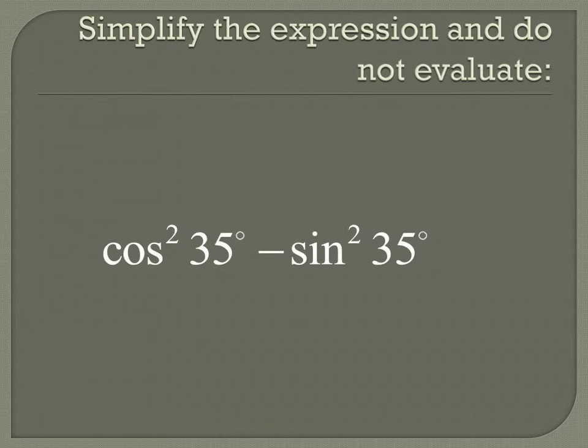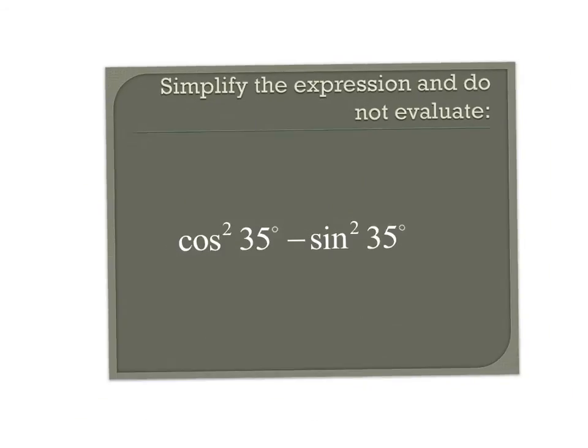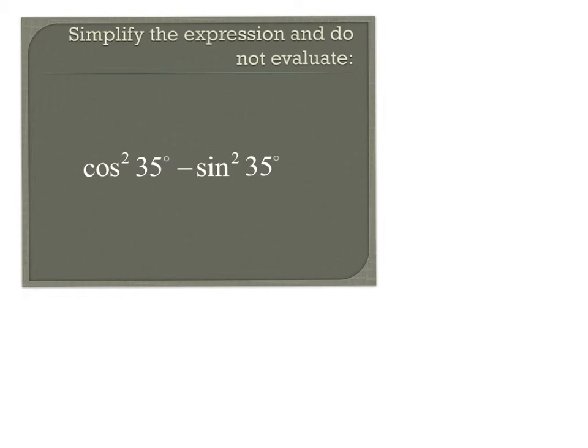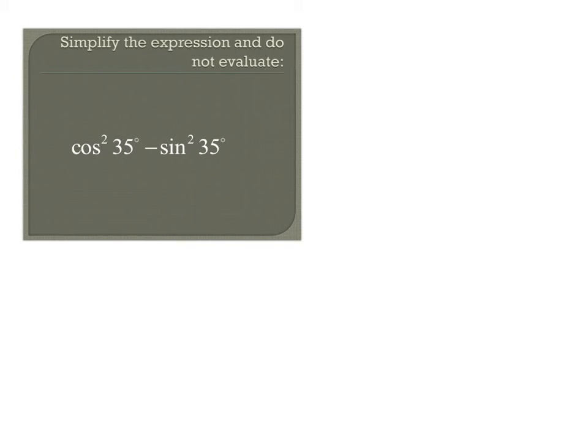So here's our next example. What I would recommend is trying to do this on your own. We need to identify what the formula is, and we'll go from there. I'll rewrite this so we get practice with sine.